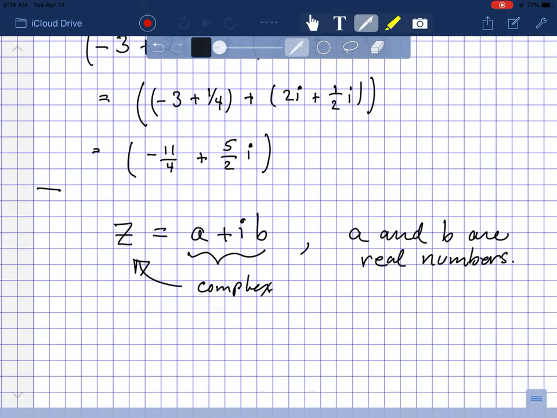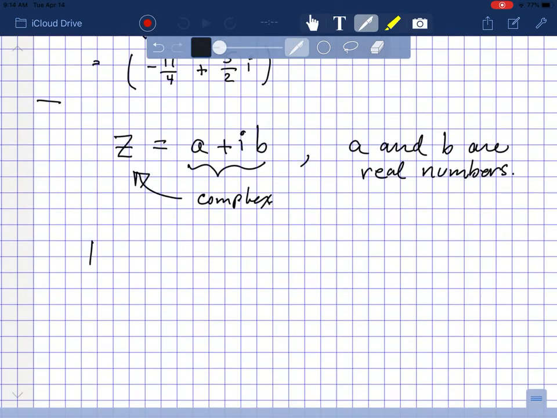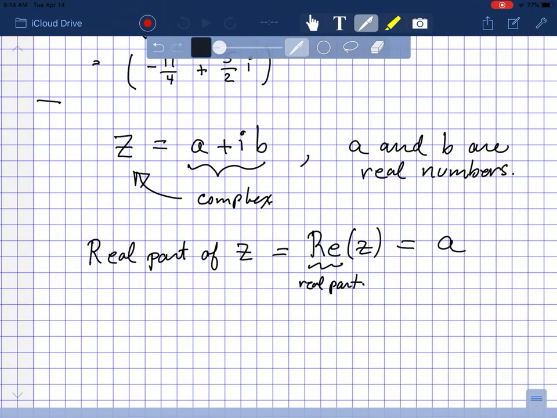Then I'm going to define the real part of the complex number z. I'm going to set this equal to RE of z. So RE here stands for real part. So this is the real part of z, and the real part of z is a.